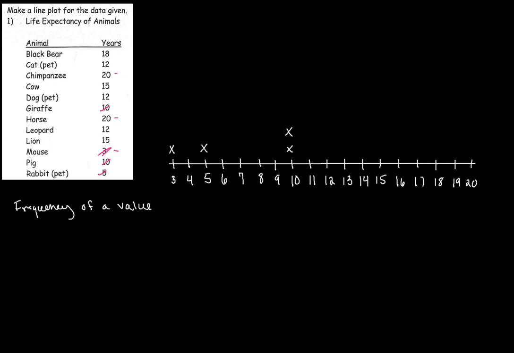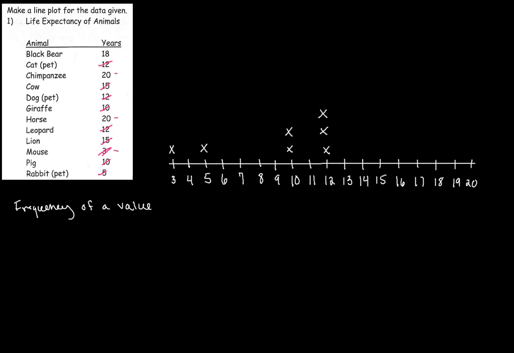I don't see 11, but I do see a 12. We have our cat that has 12, the dog that has 12, and a leopard that has 12. That's interesting. And so we're going to put 1, 2, 3 x's above our 12. I don't see 13s or 14s, but there is a 15. We have our lion here and our cow.